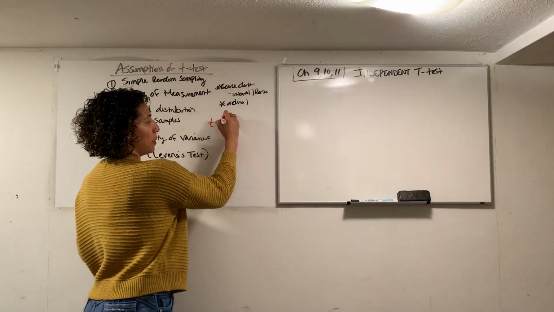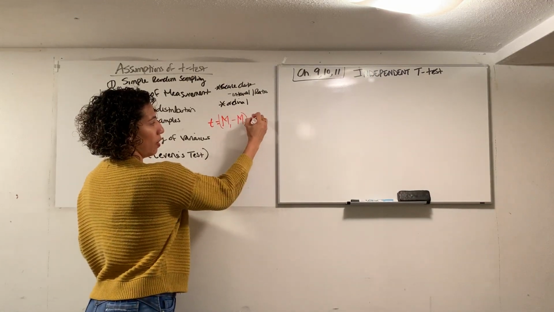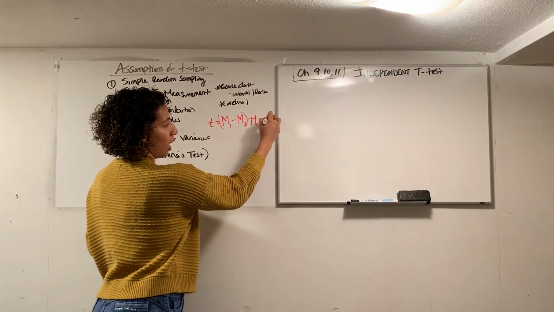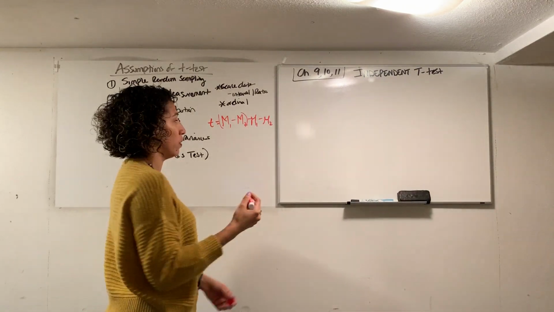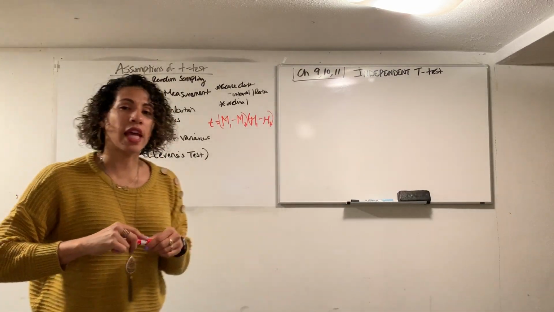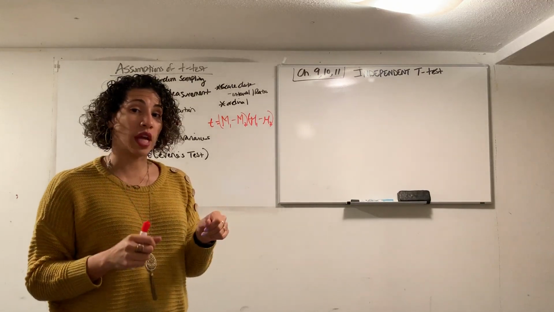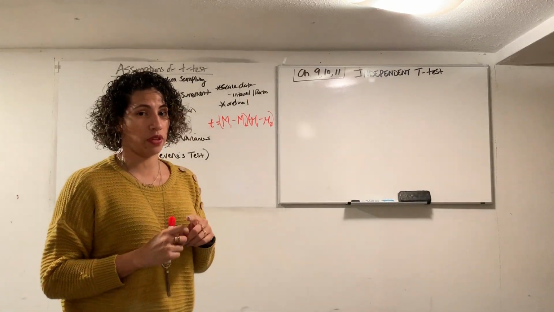First we're going to have the mean of one sample minus the mean of the other sample, minus mu1 minus mu2, the populations of each of these samples. And think about it, is there a significant difference between the two samples? The H0 tells you there is not a significant difference.